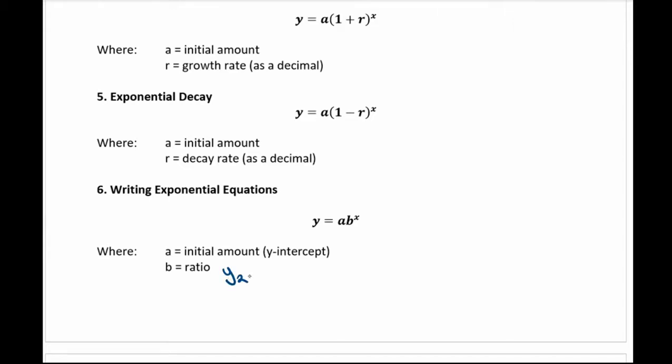It's similar to first differences. First differences were where we subtracted the y values. The ratio is where we divide our consecutive y values, bottom divided by the top, bottom divided by the top. We will look at an example of that in this lesson as well.